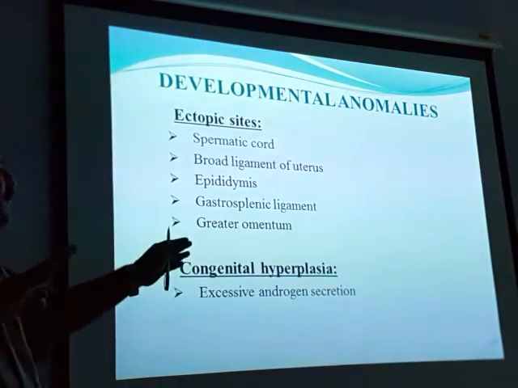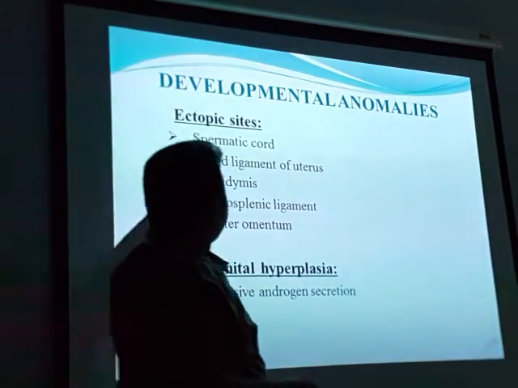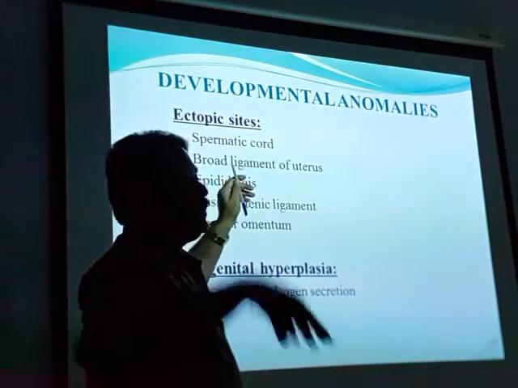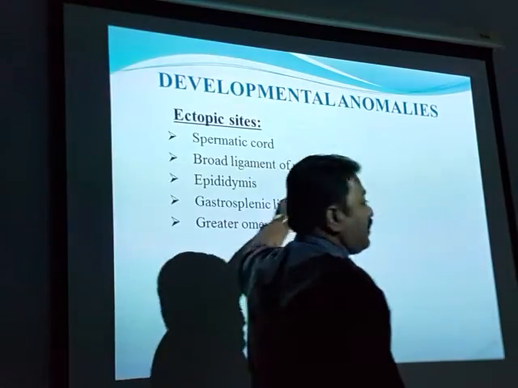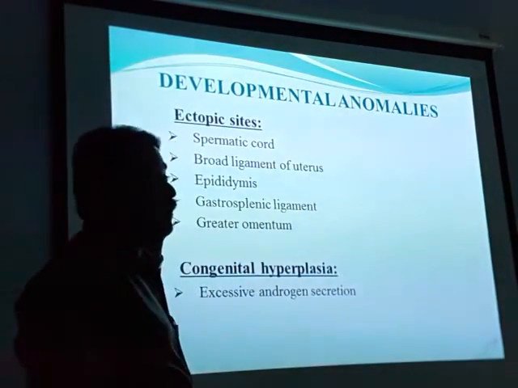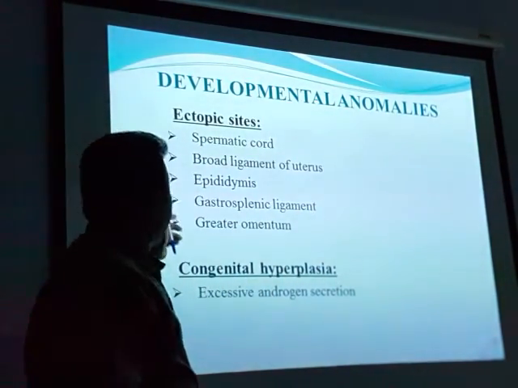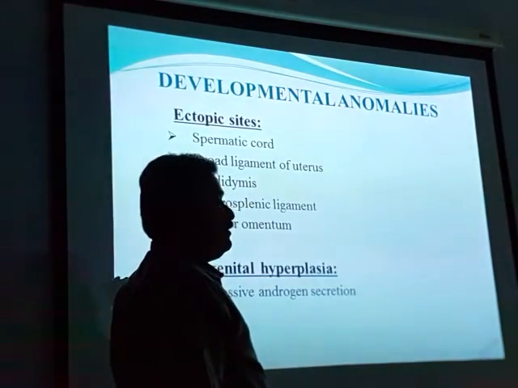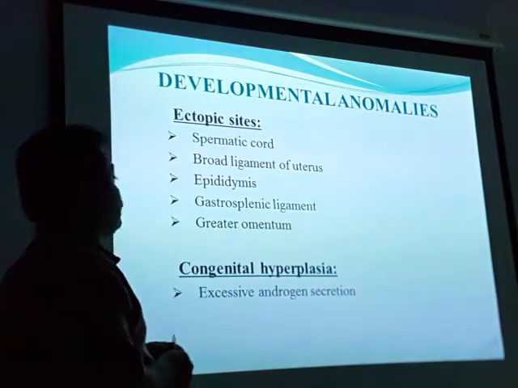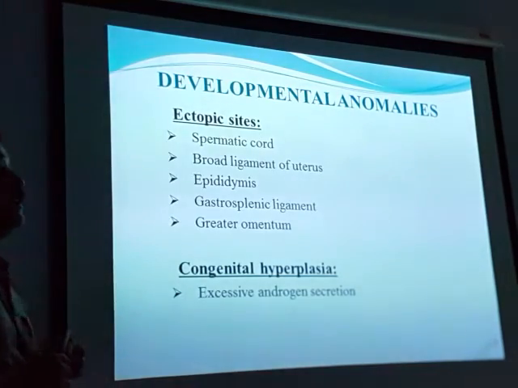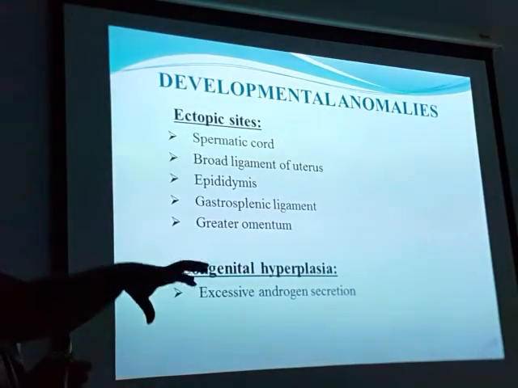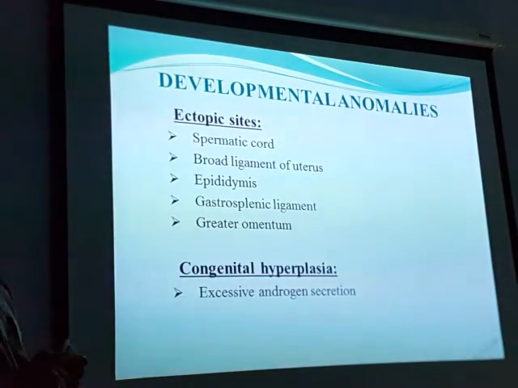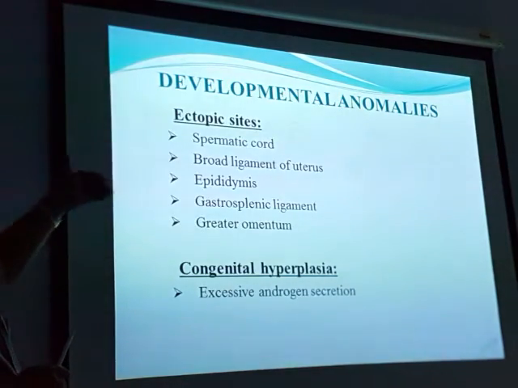Apart from this, it may be present in the spermatic cord, in the broad ligament of the uterus, in the epididymis, in the gastrosplenic ligament, and in the greater omentum. These are the ectopic sites of the suprarenal gland, a developmental anomaly.